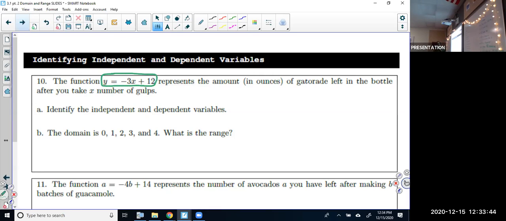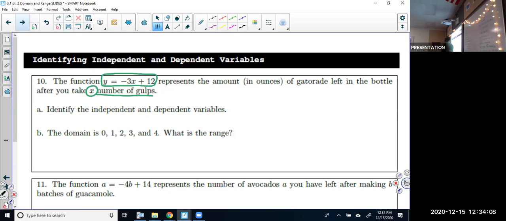The function y equals -3x plus 12 represents the amount in ounces of Gatorade left in the bottle after you take x number of gulps. I hate that word, x number of gulps. It says identify the independent and dependent variables. I think we did this in the first week. So what would the independent variable be?